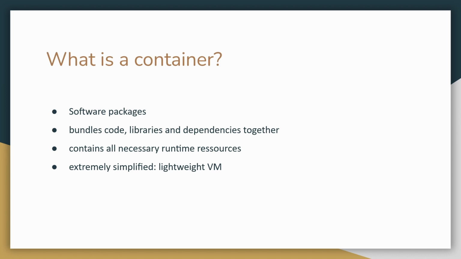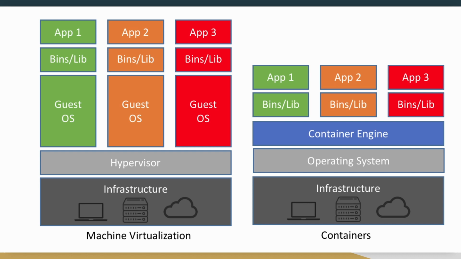So what does it look like? It basically looks like this. On the left we have a typical virtual machine layout. You have the infrastructure, which is servers or cloud or a computer, which is the same for containers and virtual machines. Above the infrastructure on the virtual machine side, we have a hypervisor.